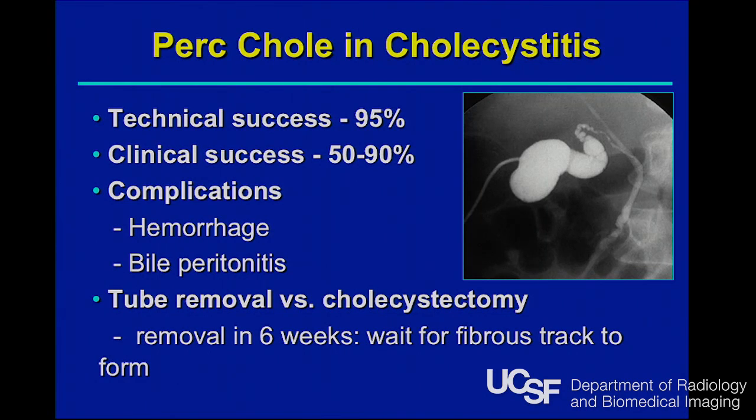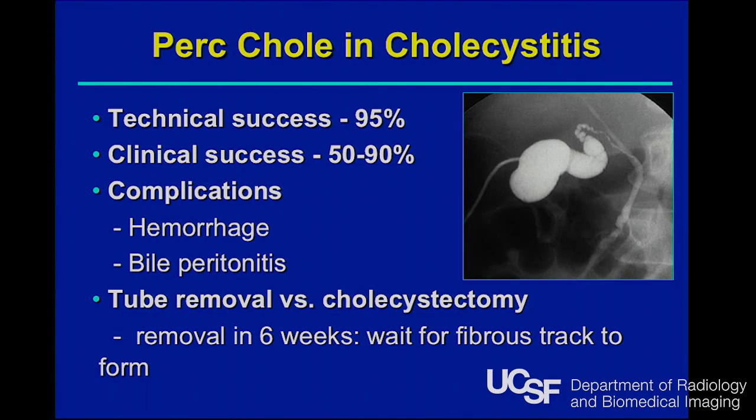These tubes have to stay in for at least 6 weeks before they can be removed. The reason for that is that a fibrous tract has to form to the gallbladder. If you remove the tube too soon, you're going to end up with bile leakage into the tract and into the peritoneal space, and basically you can end up with bilious ascites. And so we recommend waiting 6 weeks prior to removing the cholecystostomy tubes.